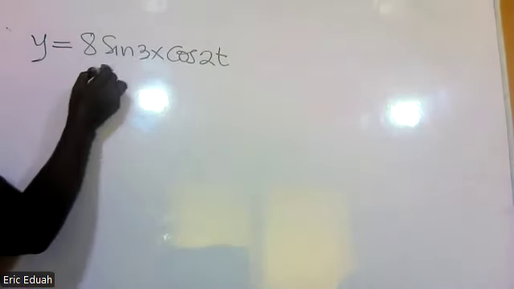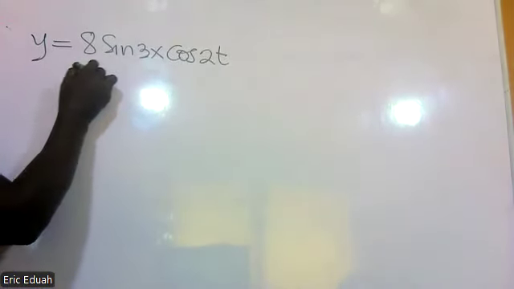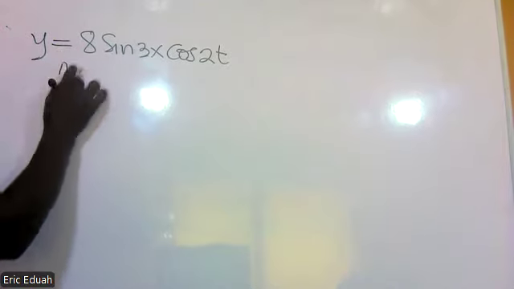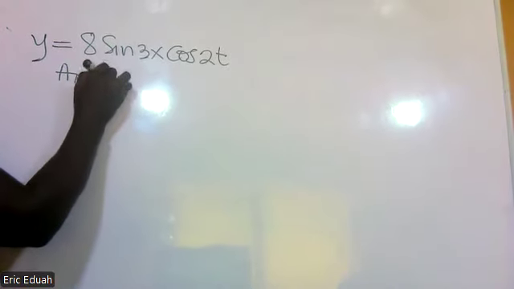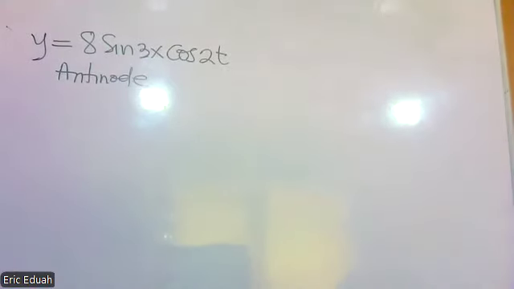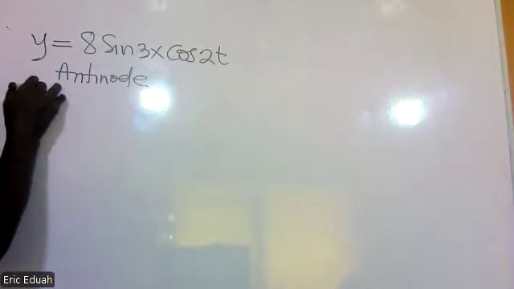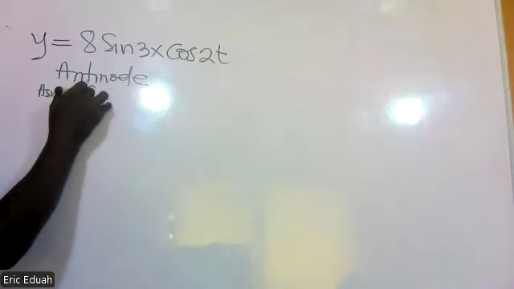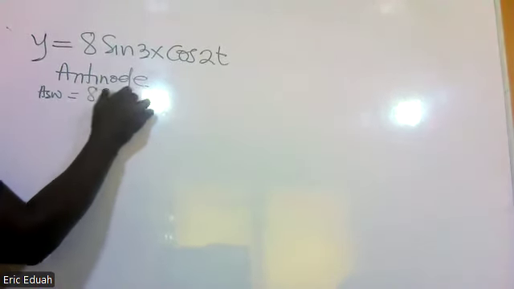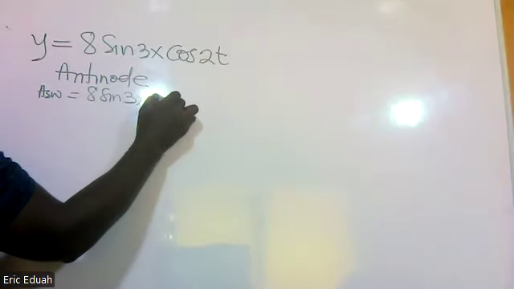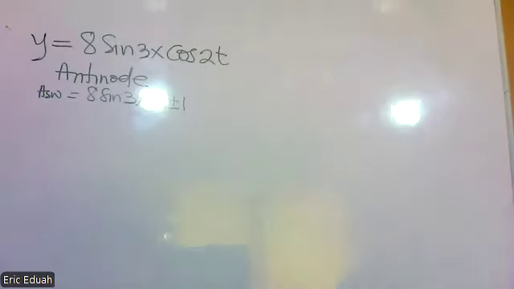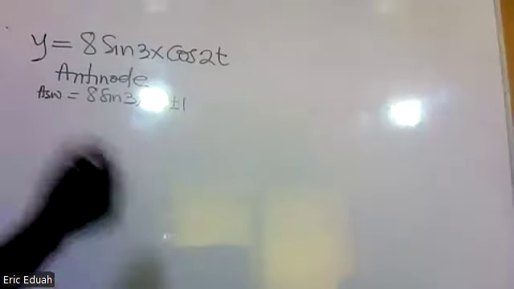So for antinode, sine 3x must be equal to plus or minus 1. If you remember the formula straight away, you can use it.